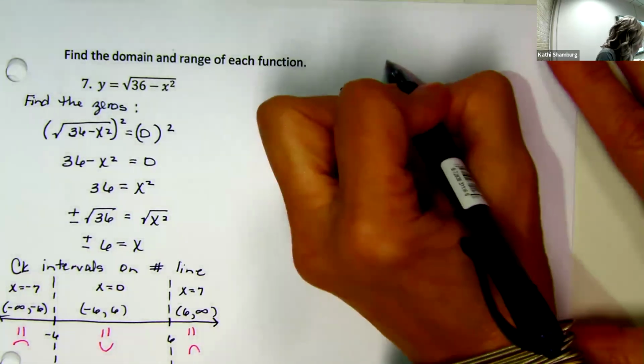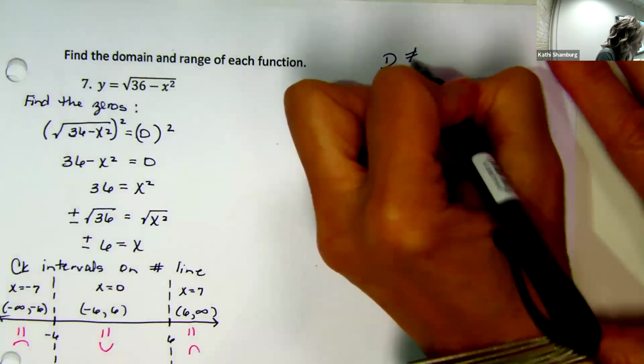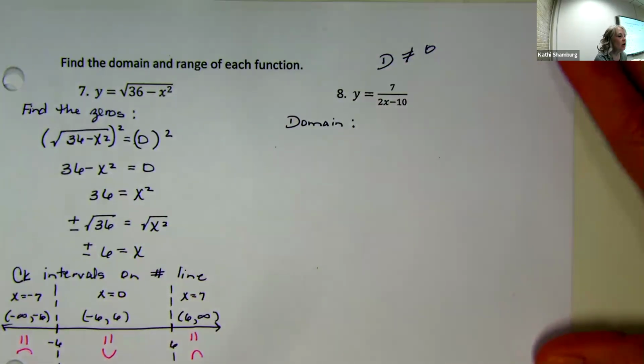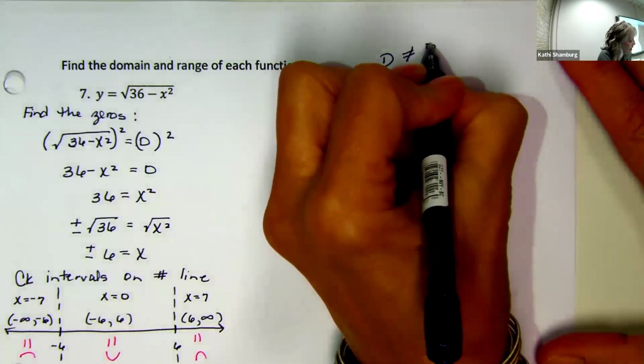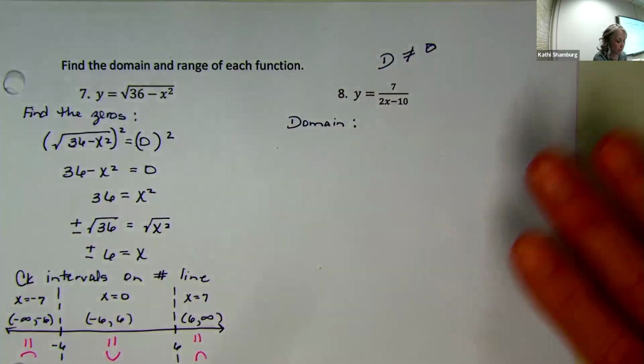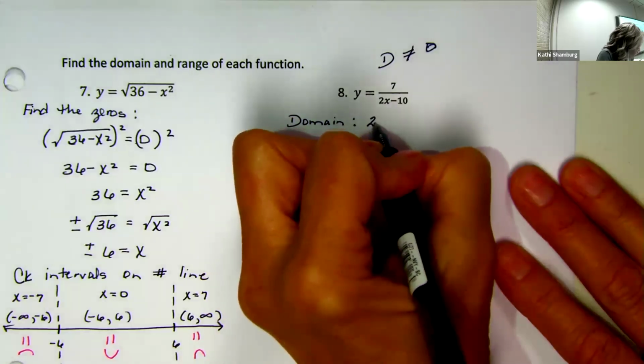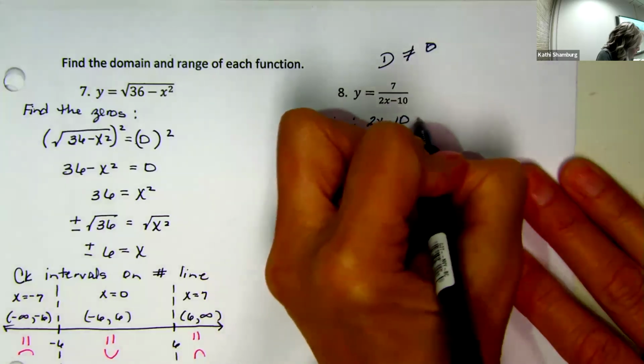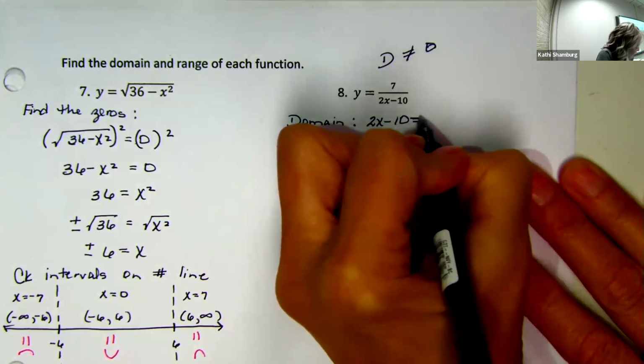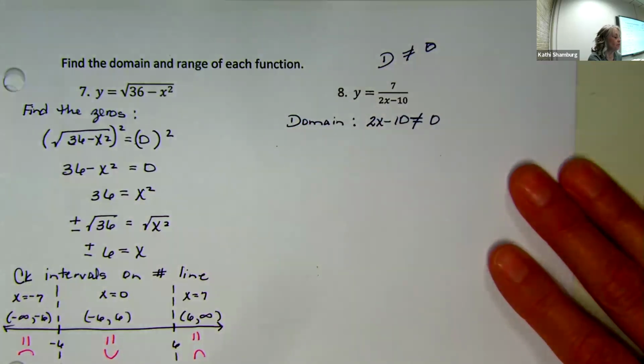So we know that the denominator cannot equal 0. So any value for x that would make the denominator equal to 0 does not work. So we're going to look at the denominator. We're going to say, okay, 2x minus 10, which is my denominator, cannot equal 0. It can be any other, any positive, any negative. It just cannot be 0.